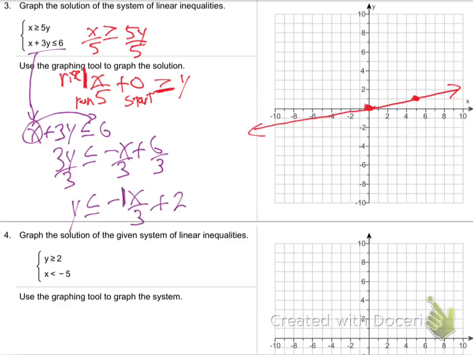Now I need a number up here. Put a 1. 1 times 3, it doesn't change anything. Okay, so this is where I start. Up 2, right there. And then I go what? Rise over run. Down 1, over 1, 2, 3. Like that. And that's going to be a solid line. We have a solid bar here. Solid line.